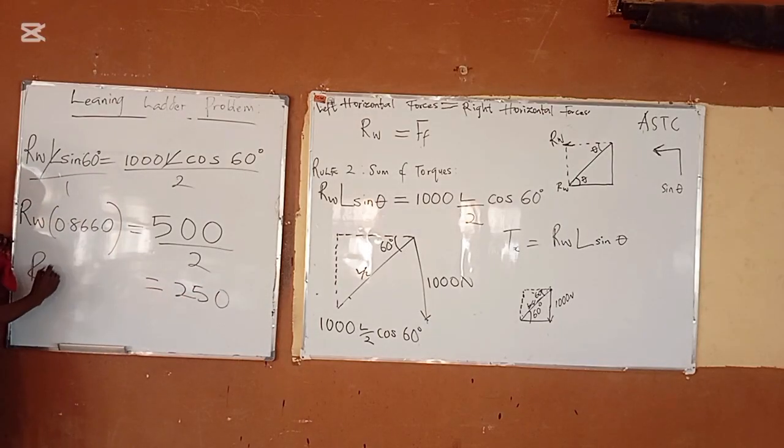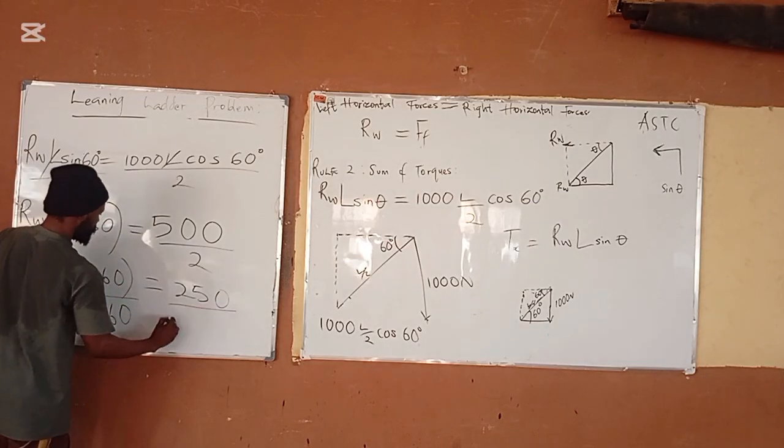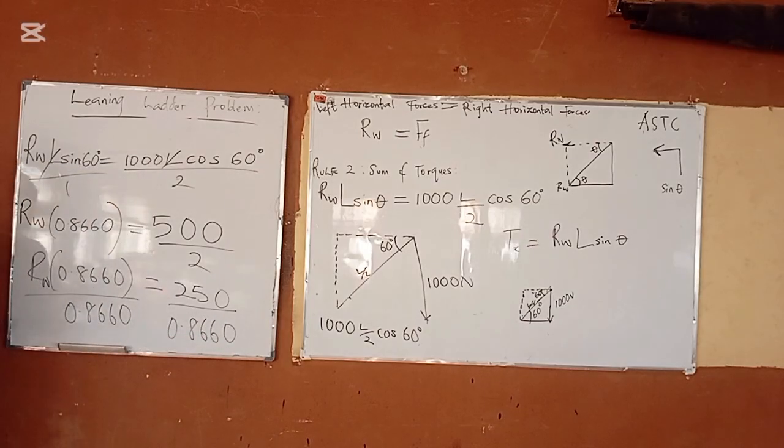Equals RW times 0.8660. Divide both sides by 0.8660. You see what we have? So RW is what? Reaction on the wall is what? 288.68.